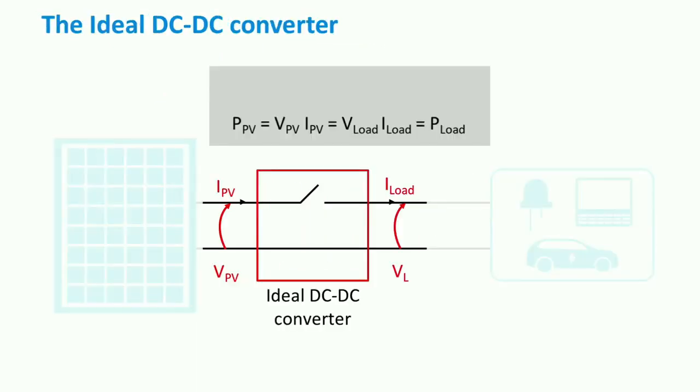More in general, when we look at the ideal DC-DC converter, it is a dual-port component with a switch in the middle called the impedance transformer. In other words, to deliver the maximum power from the source to the load, the impedance seen by the DC-DC converter at the left part of the circuit is the same as the one seen by the load at the right part of the circuit.